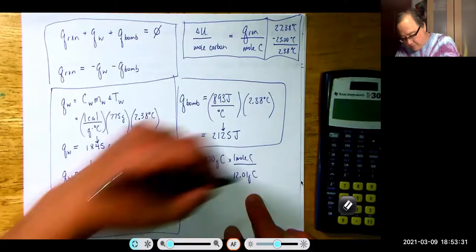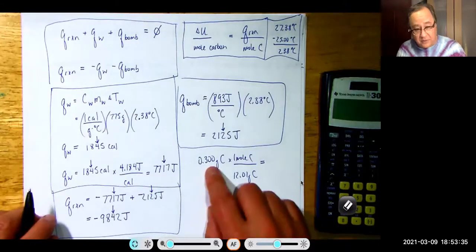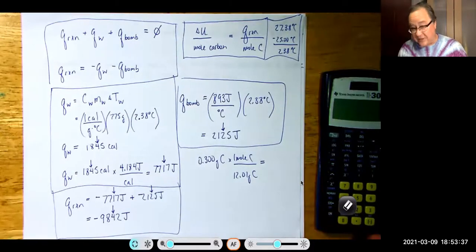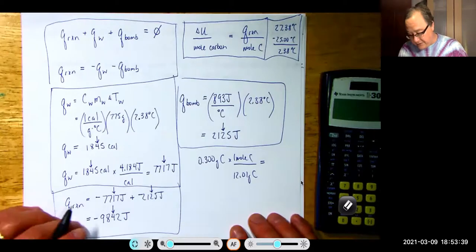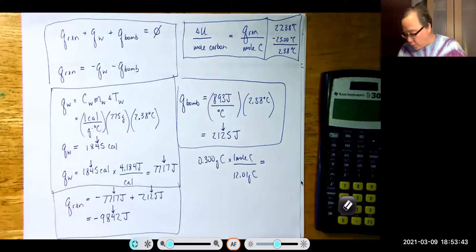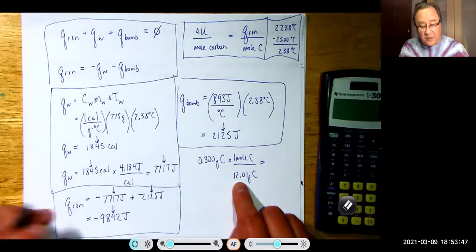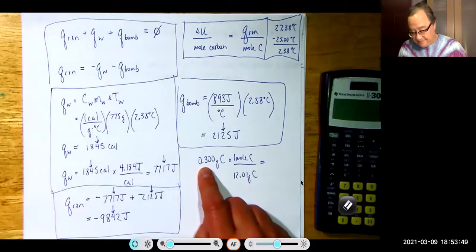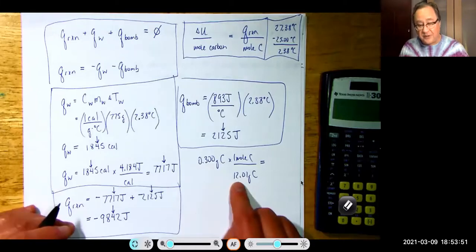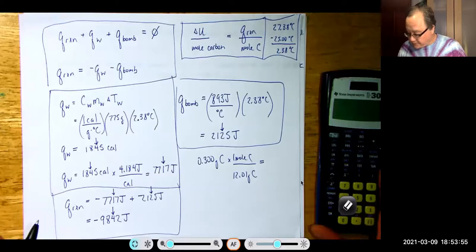So right here, how many moles of carbon do we have? How many times does 12 go into 300? I don't know exactly, but it's got to be way less than 1, right? Because 0.3 is less than 1, and you're dividing it by 12. You can even pretend that's a 10, so we're going to get 0.03. Now that's not 10, so it should be 0.028 or something like that.